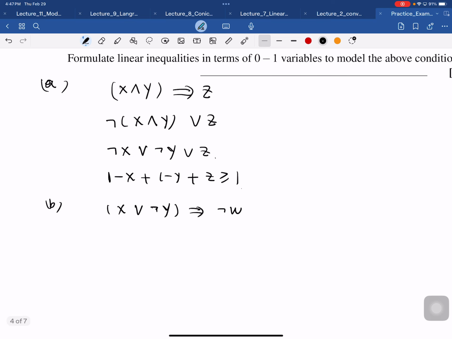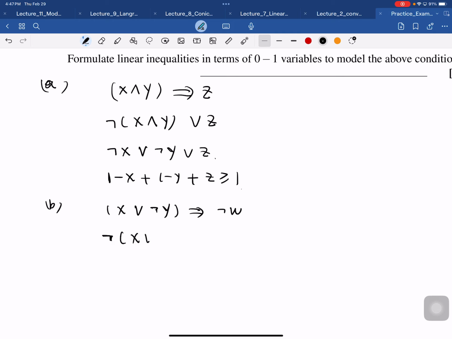And then we can follow exactly the same protocol, right? You just change this to a negation and or type of form, right? We remove the implication, and this is or. Okay, now the second step is we bring the negation inside the parenthesis.